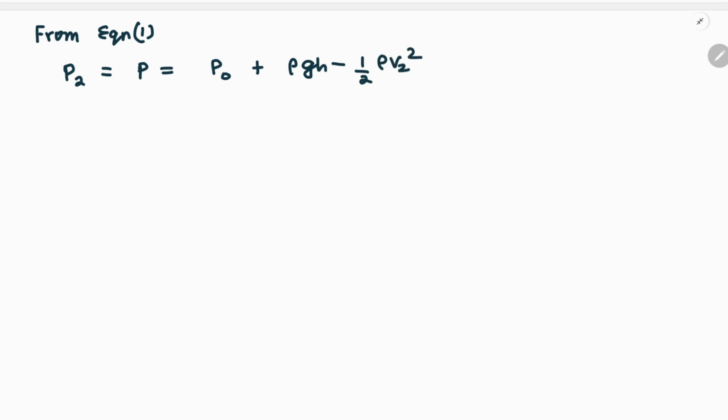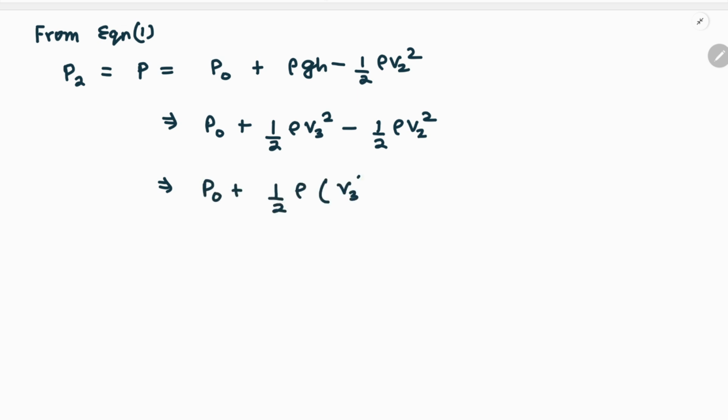Then we write it as P0 plus half rho v3 square minus half rho v2 square, and in the next step, P0 plus half rho, v3 square minus v2 square.